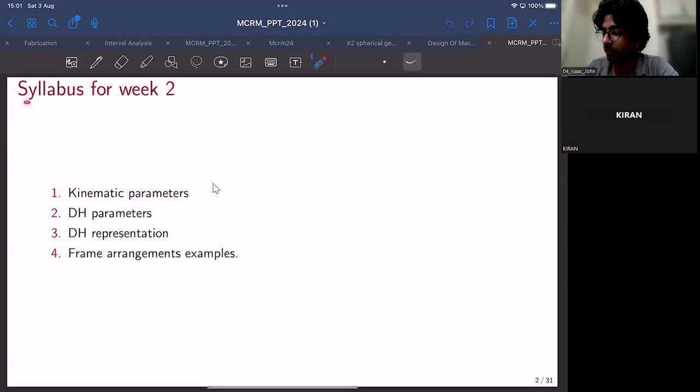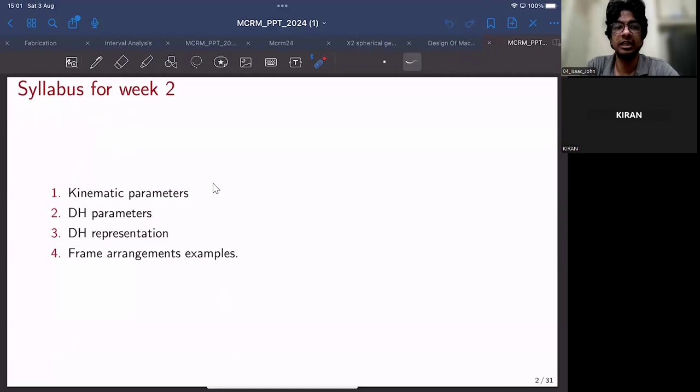So, for this week, we have basically covered the topics on kinematic parameters. Then we have also given a brief introduction to DH parameters and how to assign DH parameters to typical robotic manipulators.